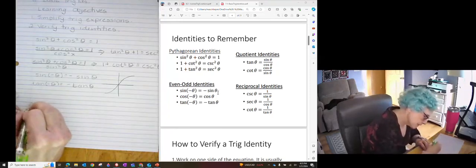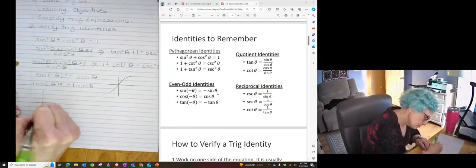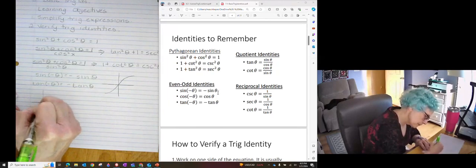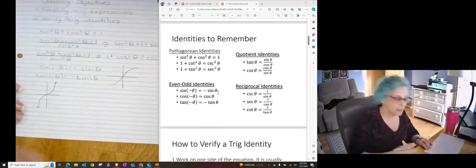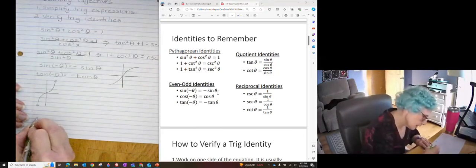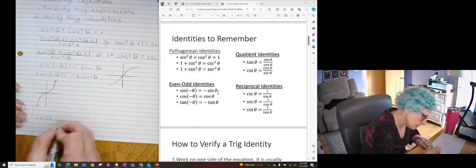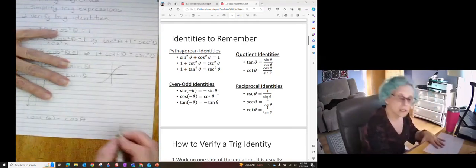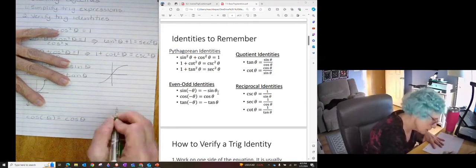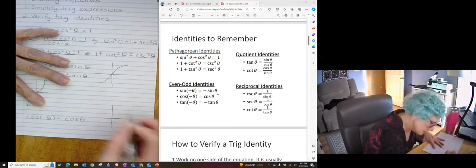The graph of tangent looks something like that. Cosine, on the other hand, cosine of negative theta is equal to the cosine of theta, because cosine looks kind of like a little parabola.